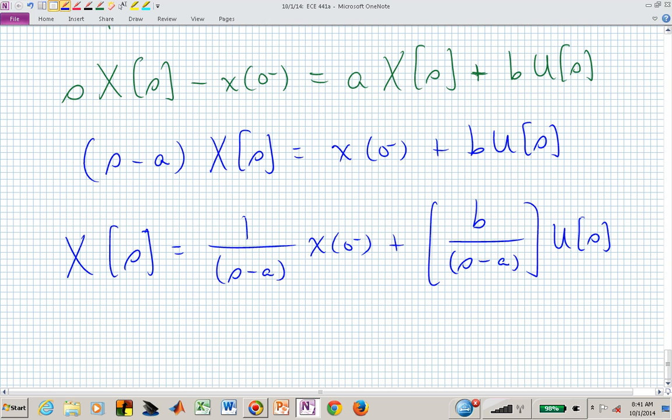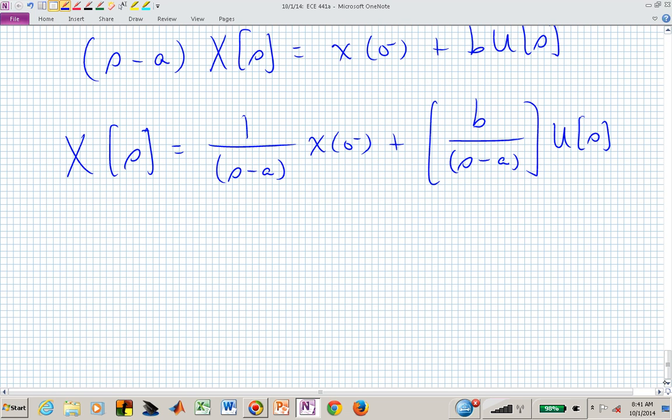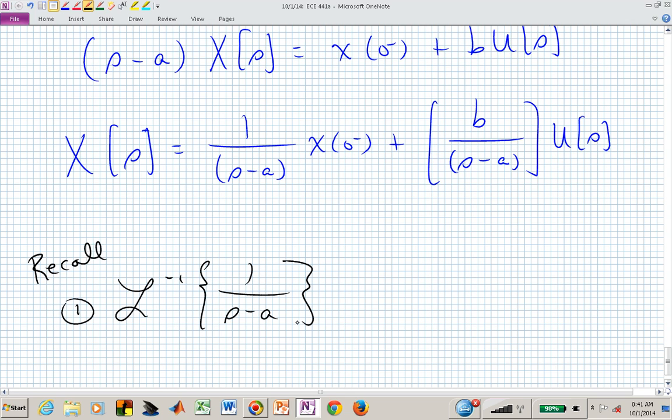Let's look at the first piece. And now we just have to remind ourselves what this looks like. The first piece, I want to inverse Laplace transform 1 over s minus a, because the initial condition is just a constant. What is this?